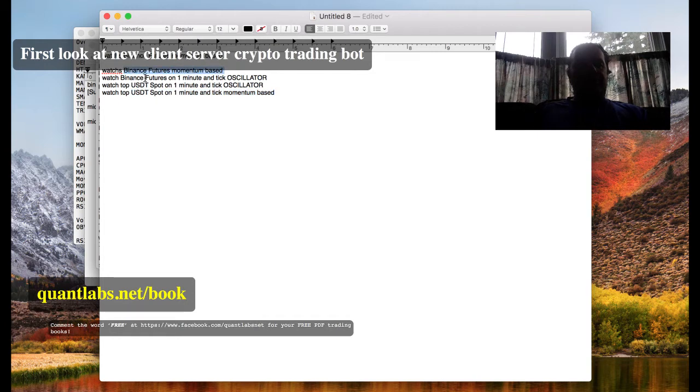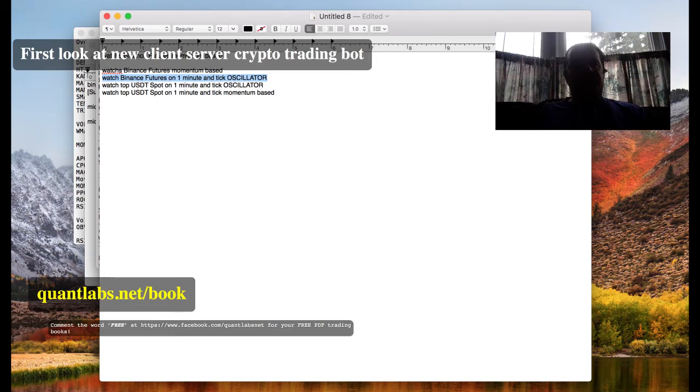Now there is another momentum based strategy. Okay, so there's an oscillating Binance futures one, specifically for Bitcoin. I have looked at the futures market with Bitcoin by volume, without a doubt.